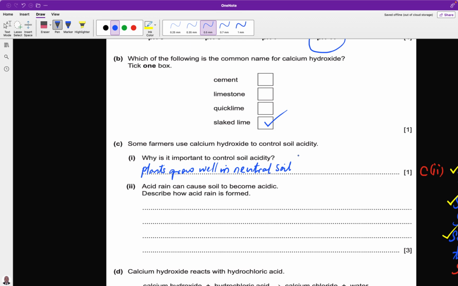Or you can say plants do not grow well in acidic soil.